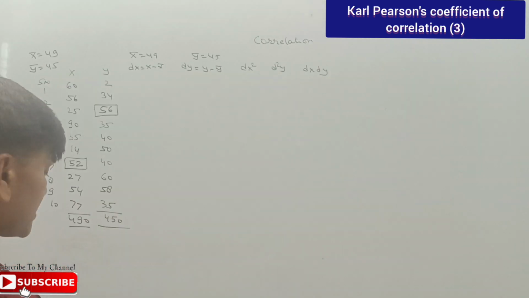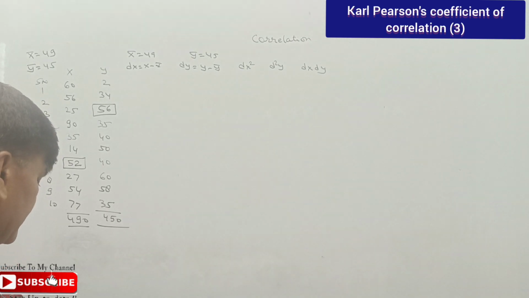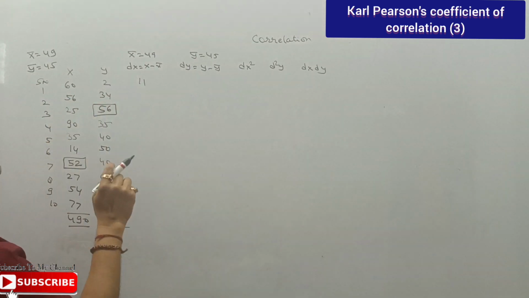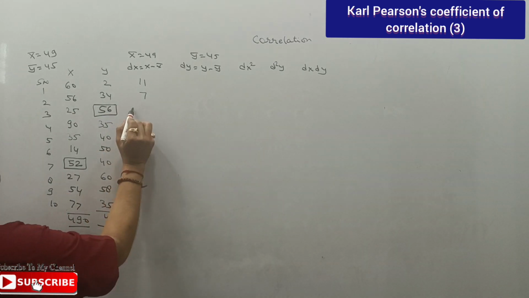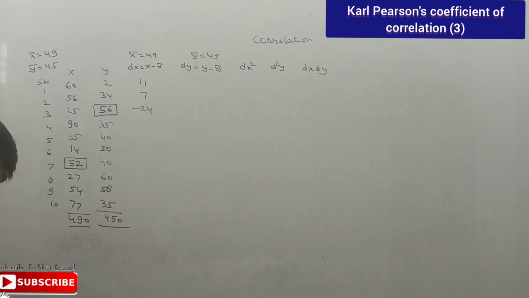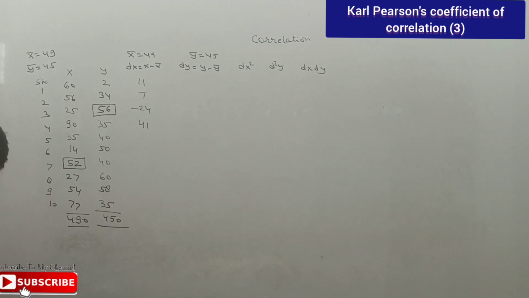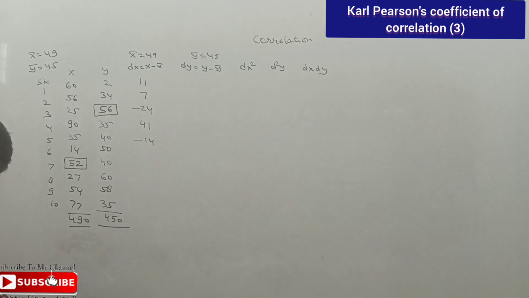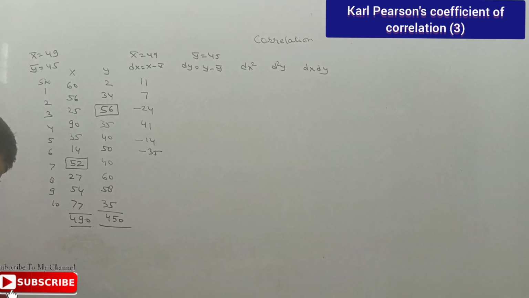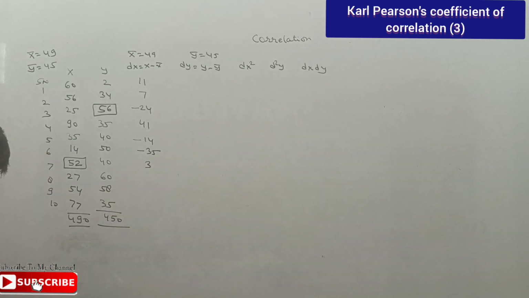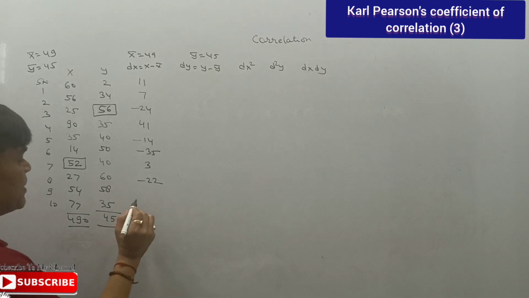In the first series, 49 is already given as the arithmetic mean. 60 minus 49 is 11. 56 minus 49 is 7. 25 minus 49 is minus 24. 90 minus 49 is 41. 35 minus 49 is minus 14. 14 minus 49 is minus 35. 52 minus 49, the missing value, is plus 3. 27 minus 49 is minus 22. 54 minus 49 is plus 5.